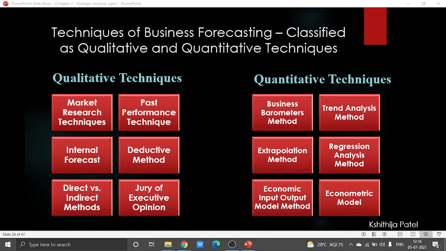Now the trend analysis and the extrapolation method, you might hear them as one and the same, but this method slightly differs from the trend analysis method.